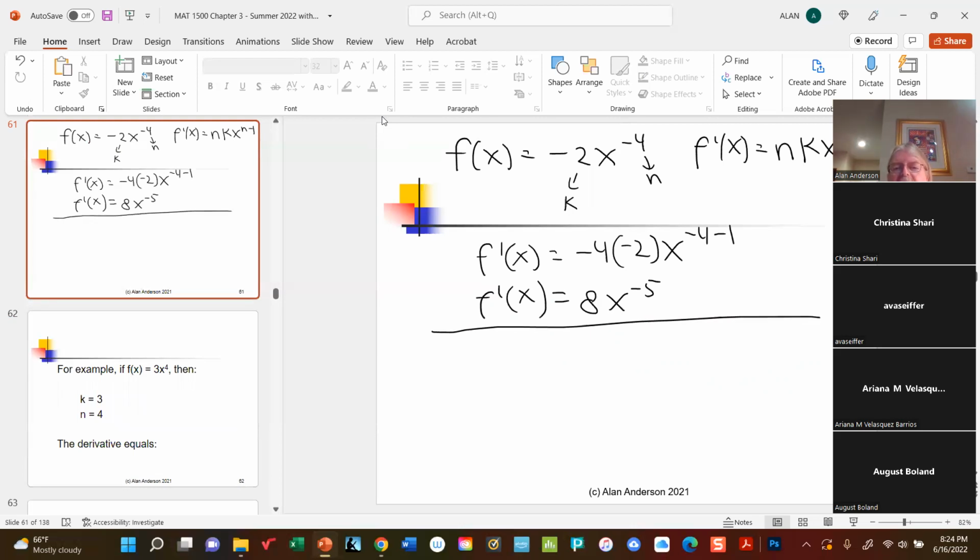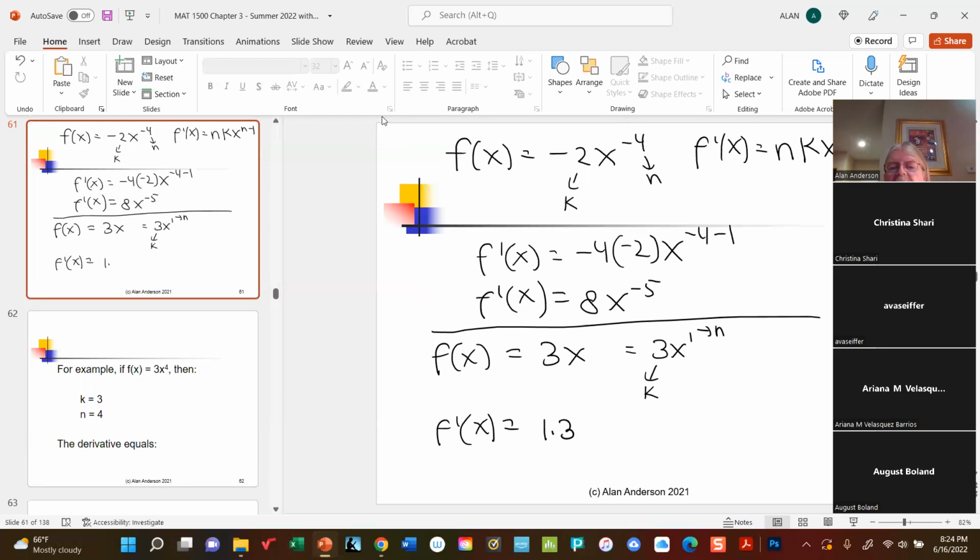Now, here's another one that you'll find interesting. What if I have something like this? Just plain old 3x. Now, remember, when you see something like this, there's an implied exponent of 1. So the k in this case is the 3. The n is the 1. So when you go to take the derivative, what you're going to have is 1 times 3 times x. And now look at this.